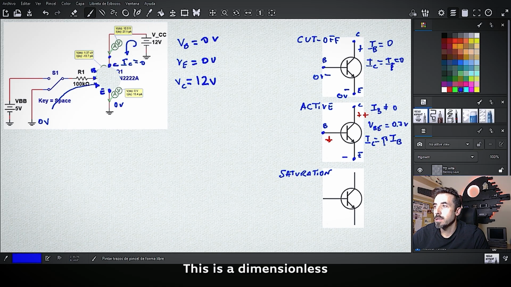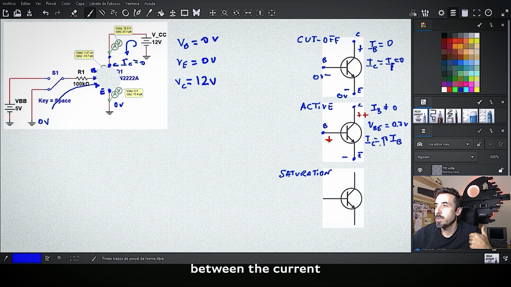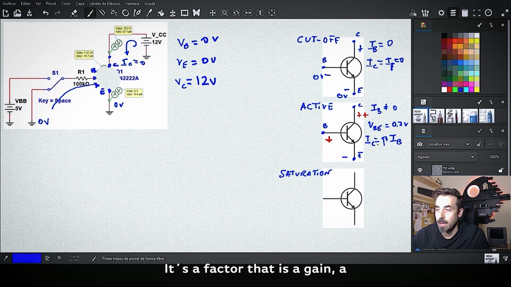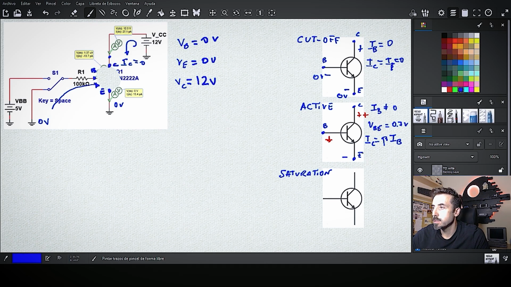It is a dimensionless parameter that gives us a correspondence between the current that goes through the base and the current that goes through the collector. It's a factor that is a gain, a current gain between these two terminals.